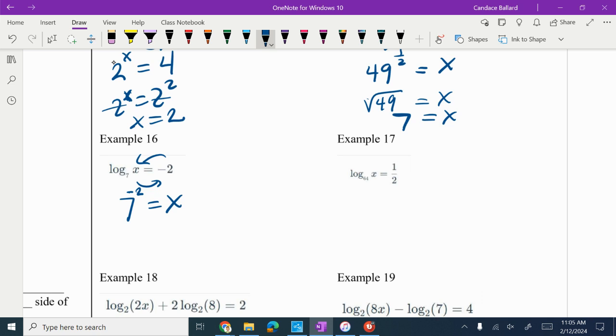It's negative. So is it happy where it's at? Now I've got to bring it downstairs. So I go 1/7 squared equals X. What's 7 squared? 49. All right. Everybody try 17. Okay.